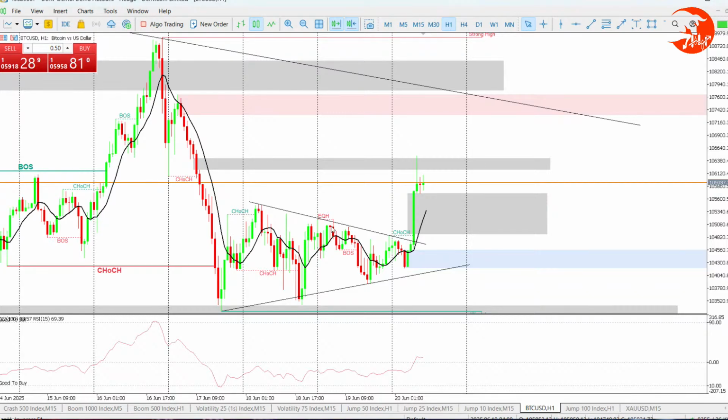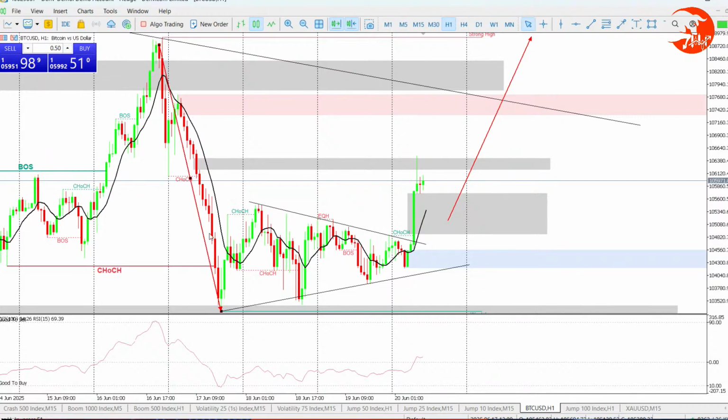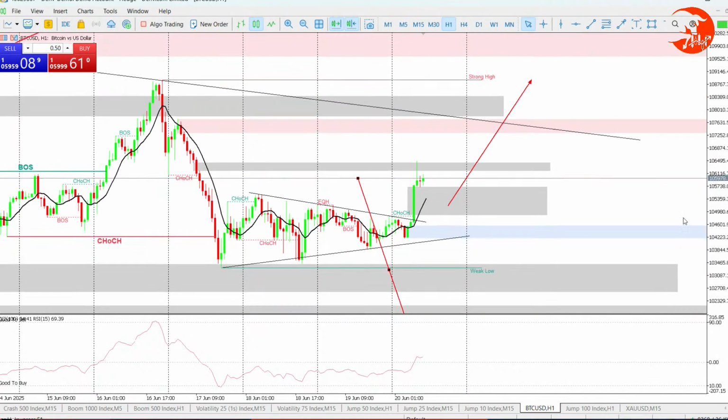Yes, of course, one can say this can be a symmetrical triangle, which means price can still continue from here and get us into buys right there. But most of the time, if this is like this and the previous trend is like that, you are about to see the continuation of this trend with the sales.